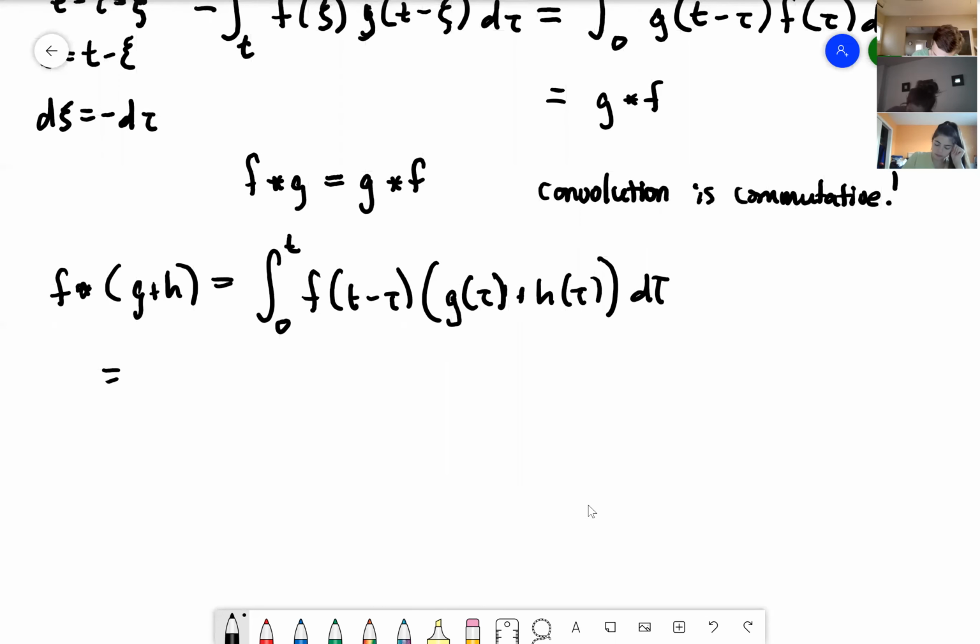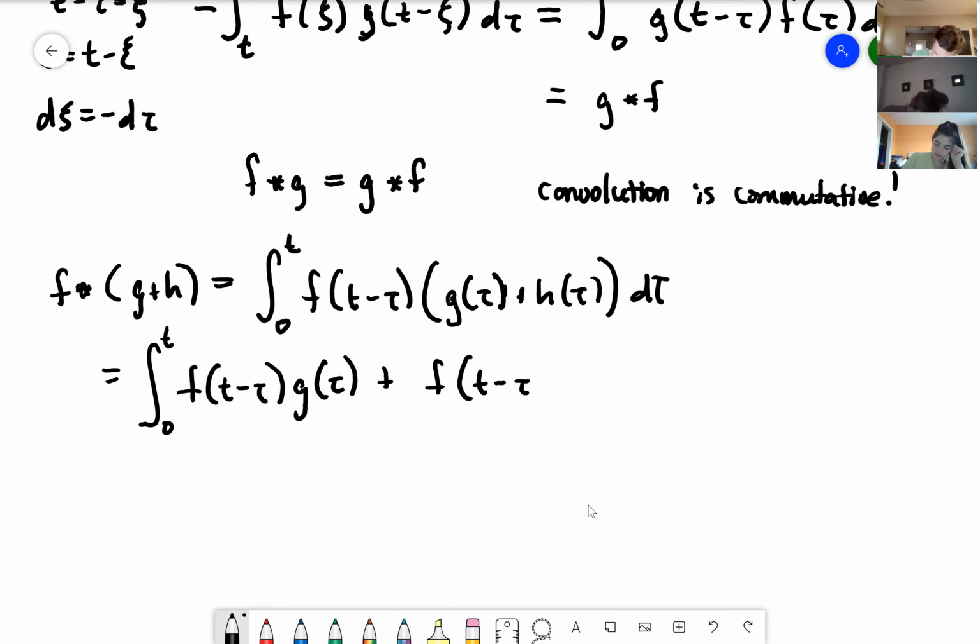And this distributes, so we get the integral from 0 to t of f of t minus tau g of tau plus f of t minus tau h of tau, d tau.